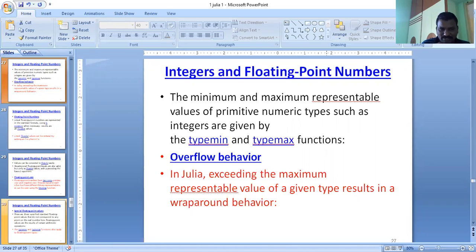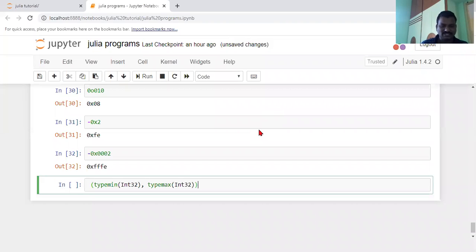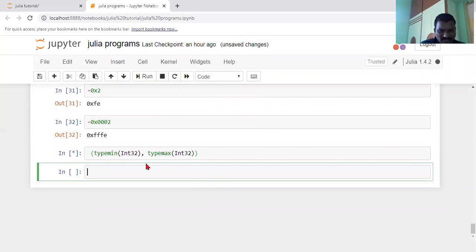Here you are taking the minimum and maximum functions. If you want to know the values, let us take a simple example. How can you use typemin and typemax in this case? For example, typemin of Int32 and typemax of Int32. What is the result here?